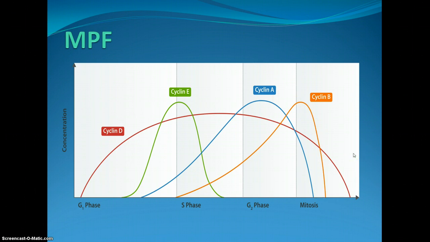The cyclin-dependent kinase, also known as CDK, is a chemical that can speed up actions within a cell. It is dependent on the accumulation of cyclins, which would help by fitting into the CDK and activate it to do certain things, such as the mitosis promoting factor, also known as the MPF.